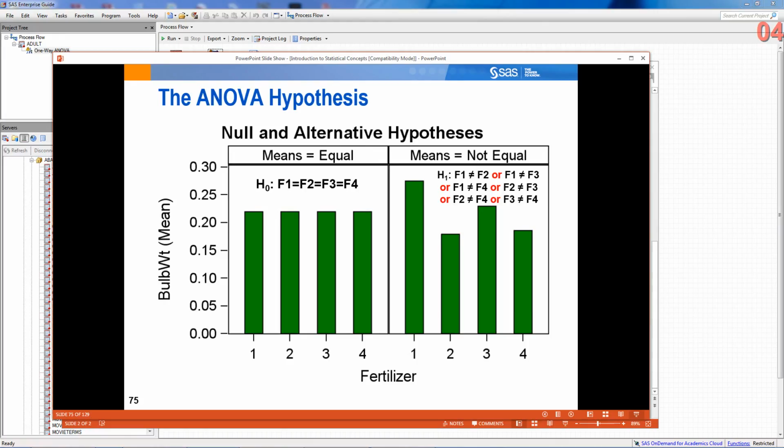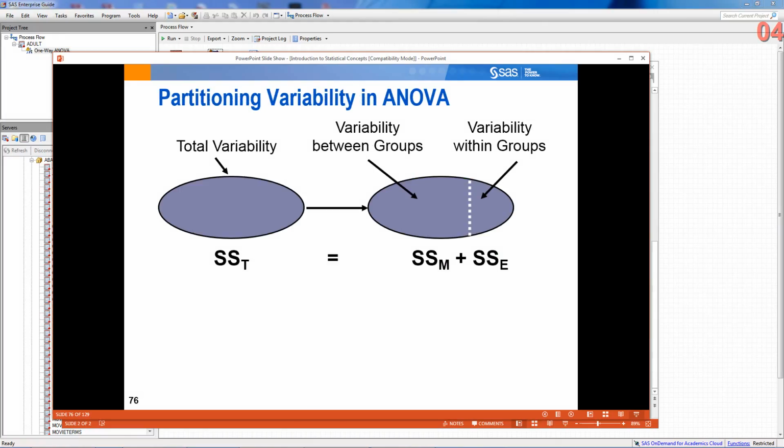Now how do we go about doing this? Well, every quantitative variable in your data set varies with respect to the overall mean, and also with respect to the mean inside each group, and also with respect to the mean between groups.